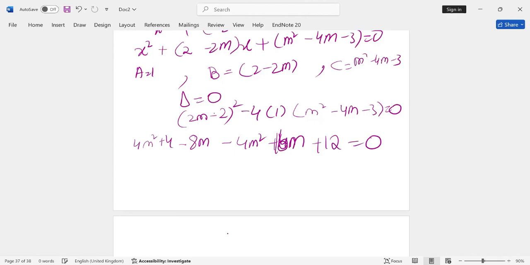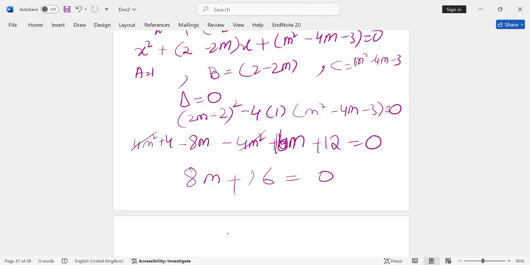As you can see, the minus 4m square and plus 4m square cancel, and we have 16m minus 8m, and 12 plus 4, which is 16, equals 0.